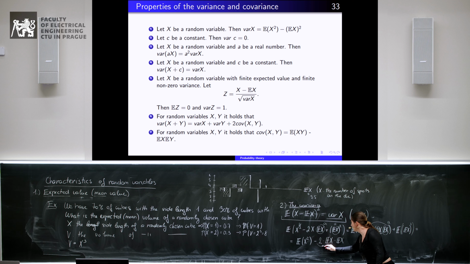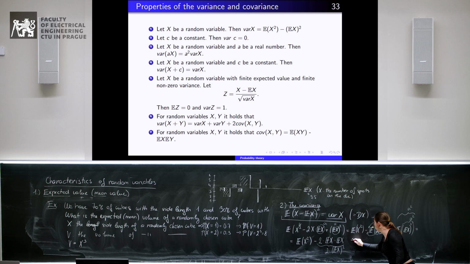And it is nothing other than 2 times a constant squared. So it is the expected value of x squared. And we have plus the expected value of a constant squared. So this is a squared, meaning that the expected value of a squared is also a squared.